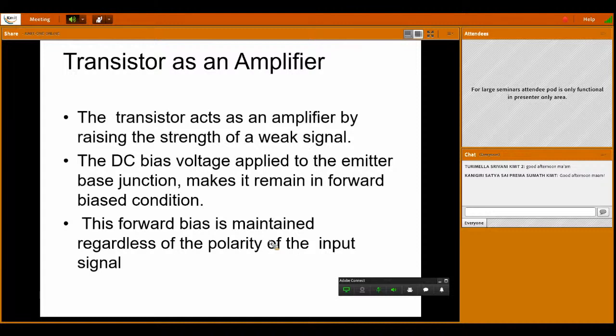If I am applying a weak signal, with very low voltage levels, then those signals give small fluctuations in the output collector current in comparison to the DC voltages applied on the amplifier.